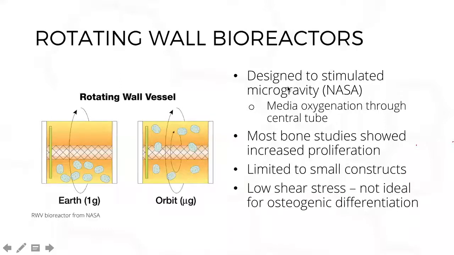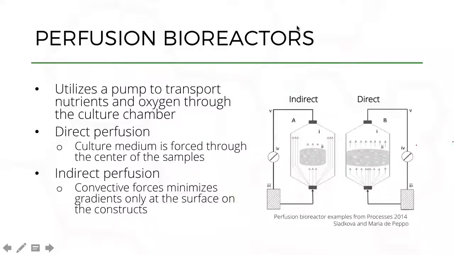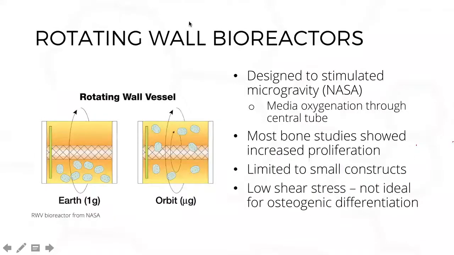So the second bioreactor that is also very commonly used or seen in tissue engineering is the rotating wall bioreactor. And this was originally designed by NASA to simulate microgravity.